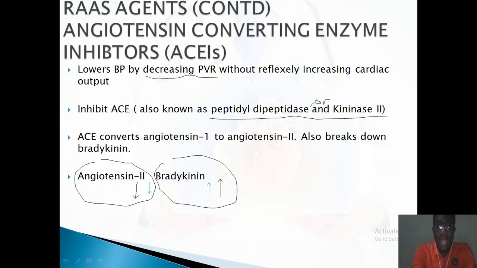So while angiotensin 2 is decreasing, there's decreased vasoconstriction, increased vasodilation, decreasing peripheral vascular resistance, and because of the bradykinin effect, there's going to be stimulation of the cough reflex, and that is why patients taking angiotensin converting enzyme inhibitors tend to have dry cough.